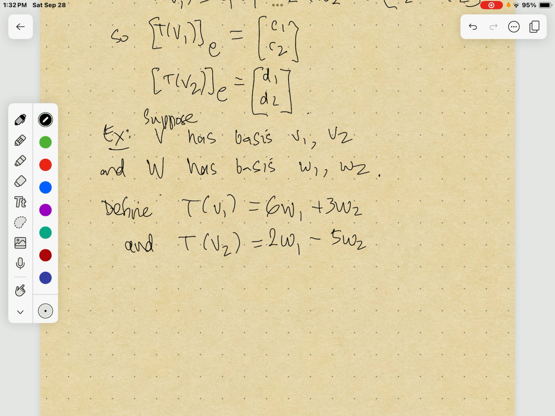So define the linear transformation T from V to W by these two equations.